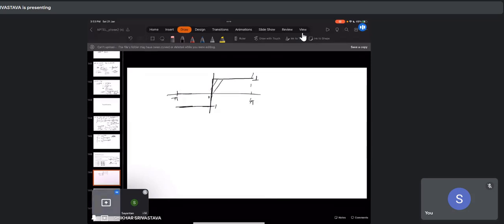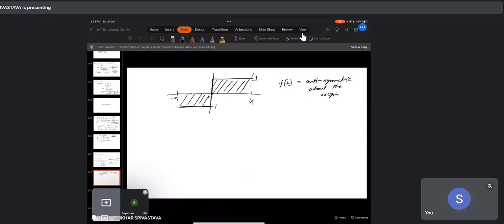You can see that this function is anti-symmetric about the origin, or you can also say that it is an odd function.